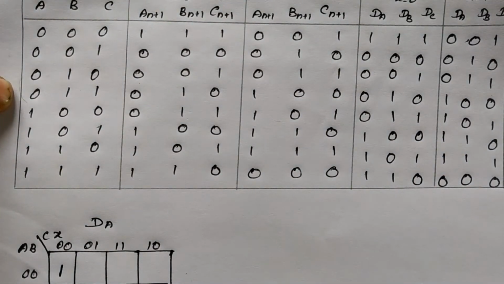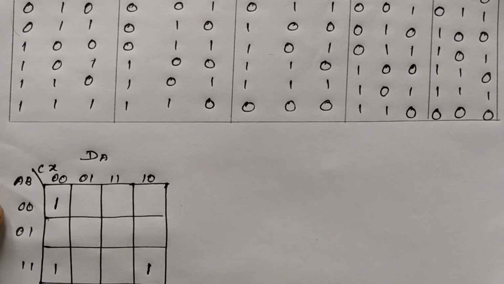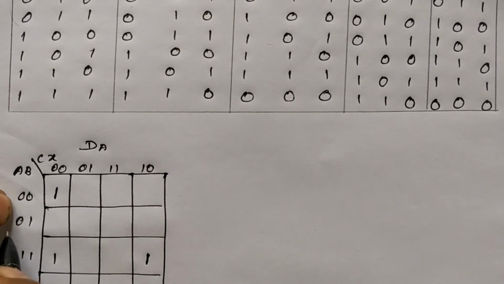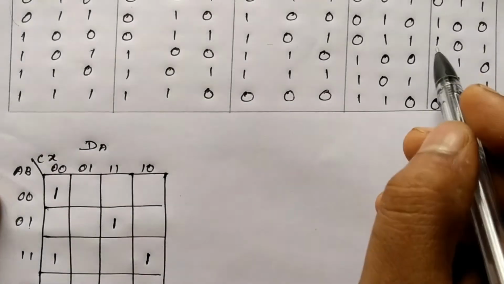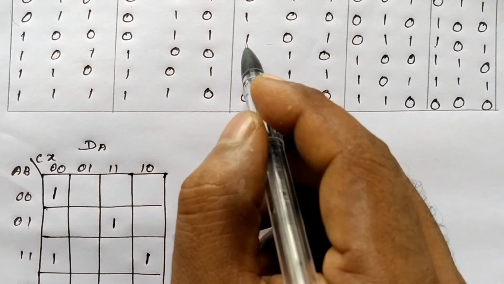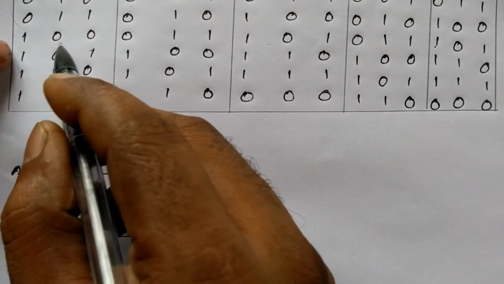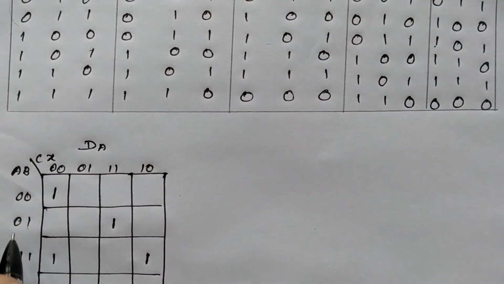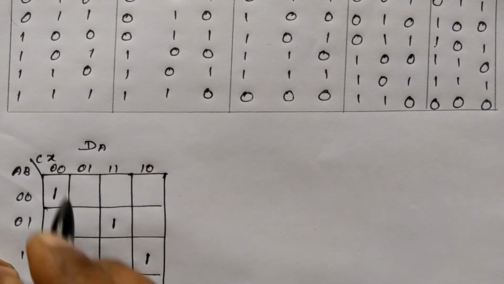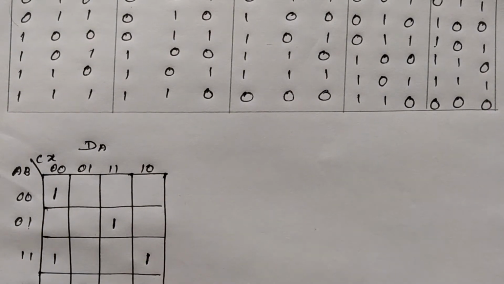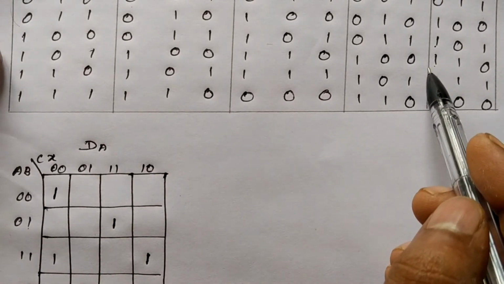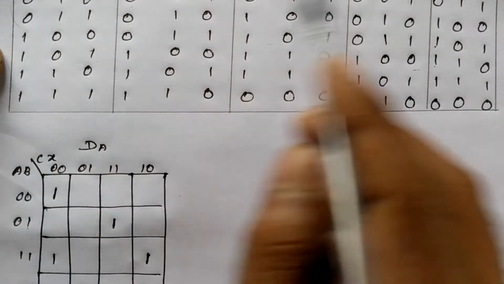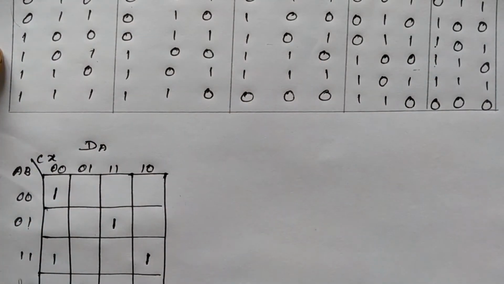So 0, 1, 1, 1, here we need to make it as 1.